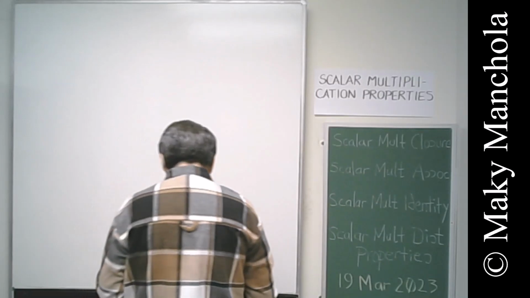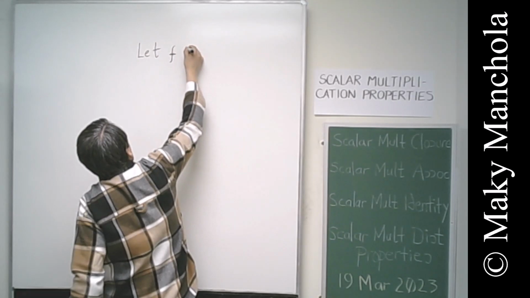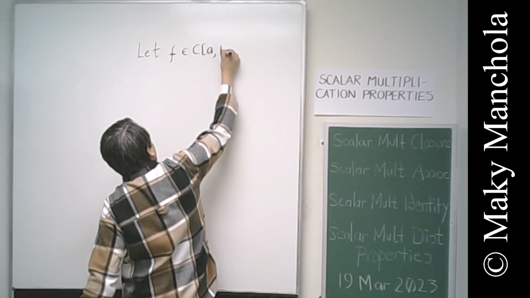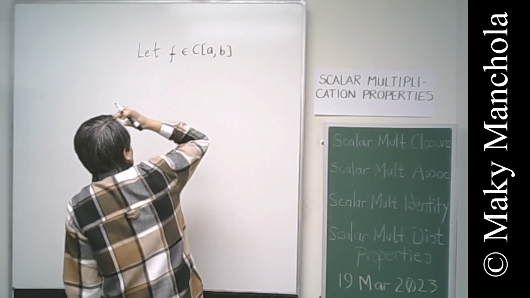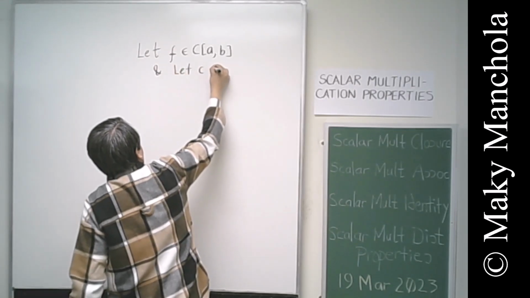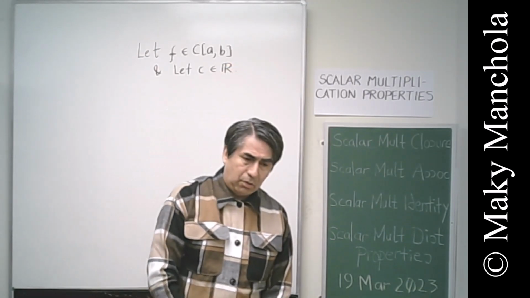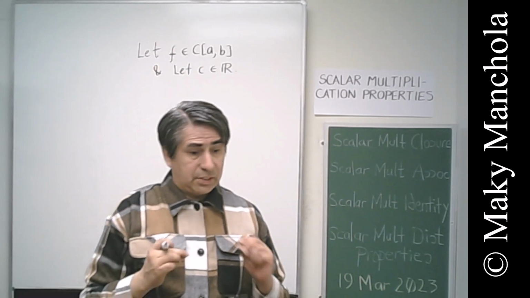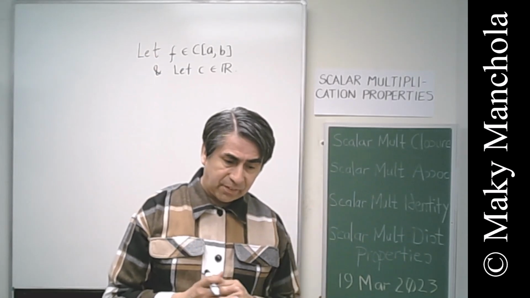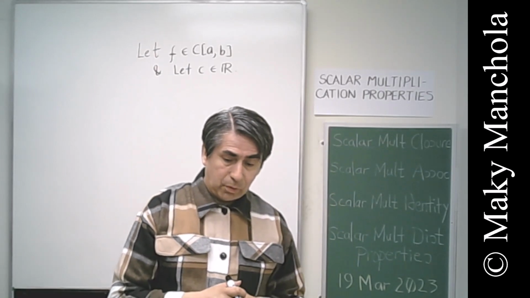So let f be a continuous function on the closed interval ab, and let c be a real number. That's our scalar. Now, what we want to establish is that the scalar multiplication cf is also a continuous function in the closed interval ab.